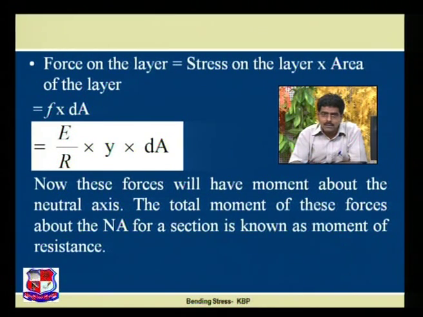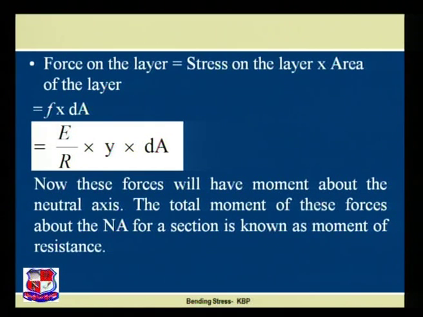This is the equation of force acting on a particular layer at a distance y from the neutral axis. Now, these forces will have a moment about the neutral axis. The total moment of these forces about the neutral axis for a section is known as the moment of resistance. Let me discuss this term once again.